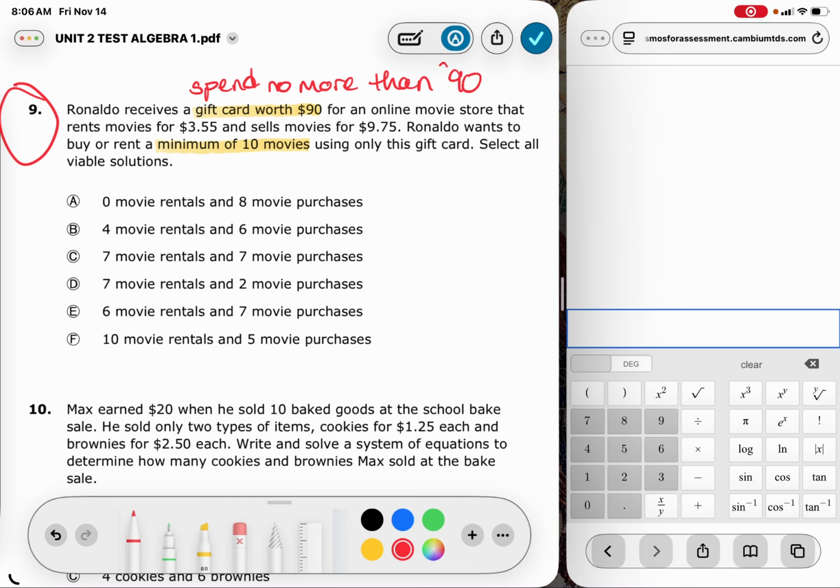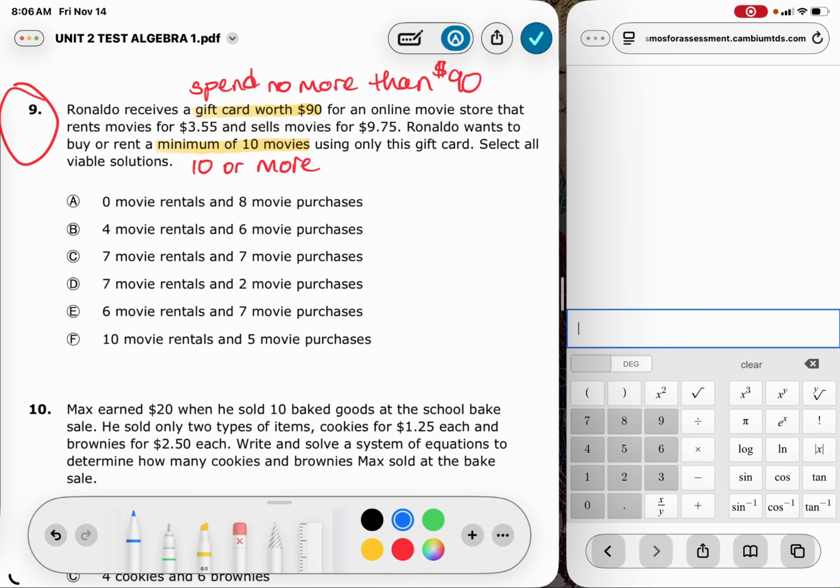So it can be less than 90 or equal to 90, but it can't go over $90 because it's a gift card, right? And then the movies, he wants at least 10. So 10 or more. That's another way of reading a minimum of 10. He wants 10 or more. So we're going to use that 10 or more first to eliminate some of the answer choices.